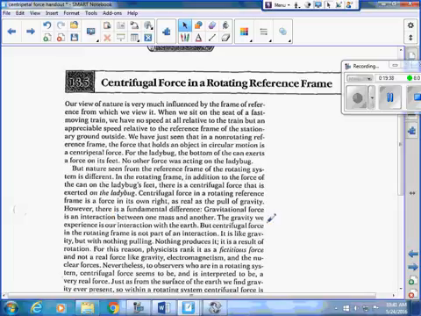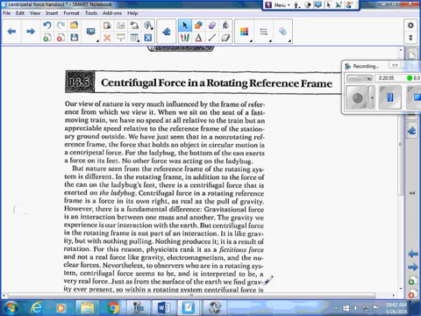But centrifugal force in the rotating reference frame is not part of an interaction. It is like gravity, but with nothing pulling. Nothing produces it. It's inertia. It is the result of rotation. For this reason, physicists rank it as a fictitious force and not a real force like gravity, electromagnetism, and the nuclear forces. Nevertheless, to observers who are in a rotating system, centrifugal force seems to be and is interpreted to be a very real force.